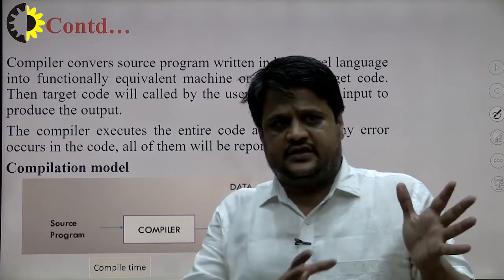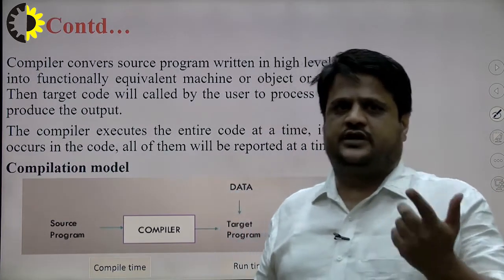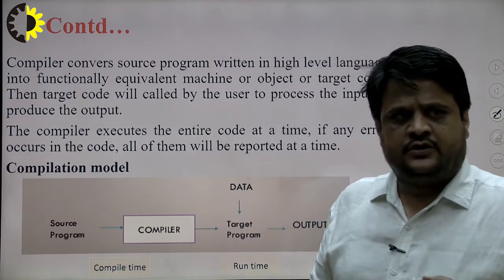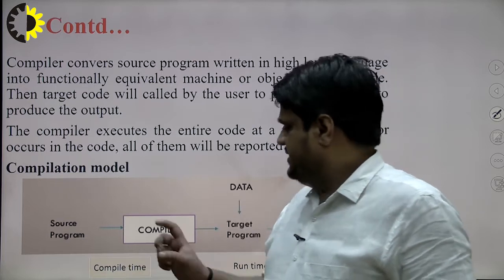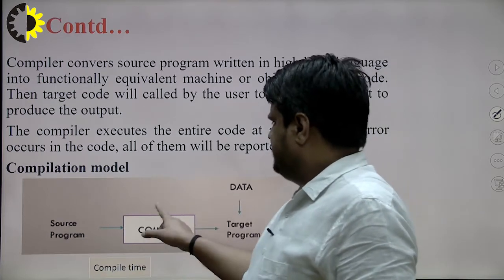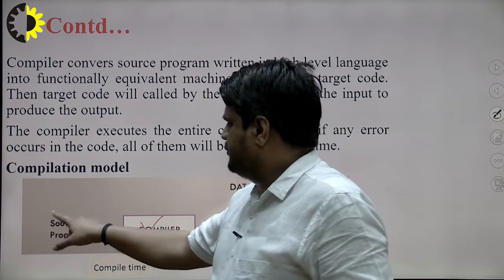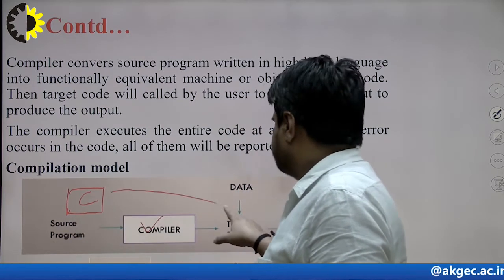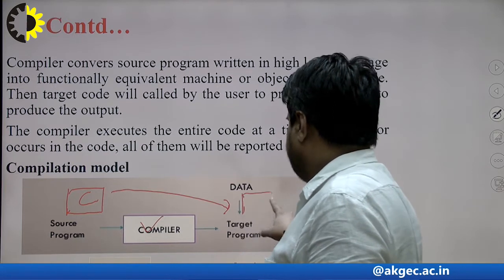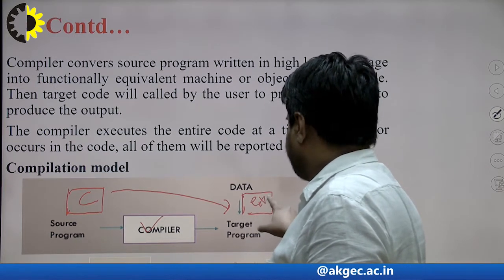Then the target code will be called by the user to process the input and produce the output. I have depicted it inside the figure, right? This is a compiler. Suppose the source program I have written is in C. It will generate the exe file, the target program.